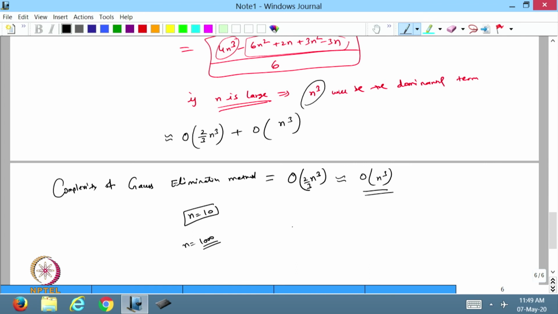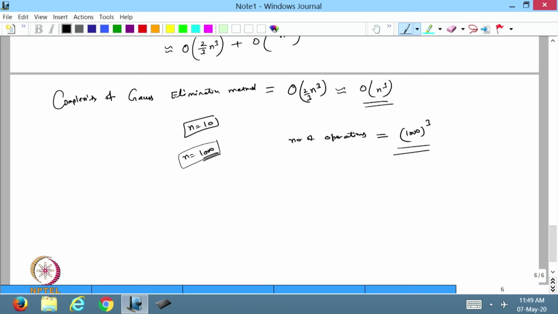You can see how many operations we have to do, it will go to 10 to the power 9. So in that case we have to do so many operations to solve this type of system. So I can say that this method is very expensive.